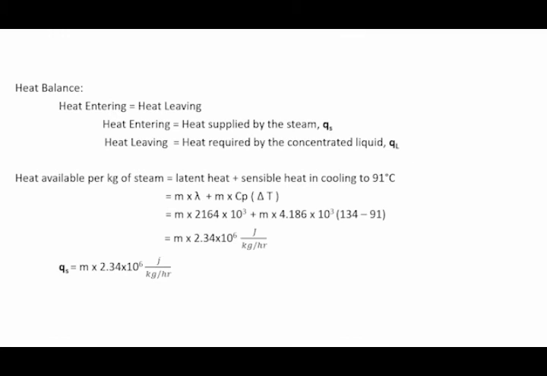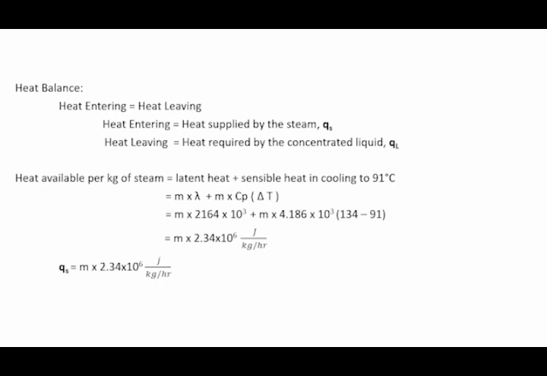The latent heat formula is equal to the mass times the latent heat of fusion or vaporization, while sensible heat is equal to the mass times the specific heat times the change in temperature. So the heat available per kilogram steam is equal to the mass of the steam times the quantity of the latent heat of steam plus the specific heat of the solution times the change in temperature.